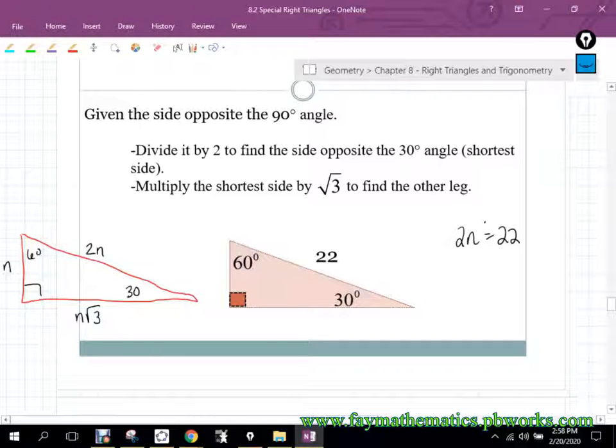This one is a little less trivial; I've got to do a little bit of work here. Divide both sides by 2, and n is 11, right? Well, n is across from 30 degrees, so that's 11. And then across from 60 is 11 radical 3. All right?